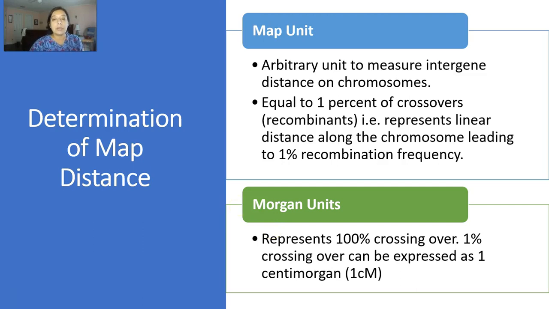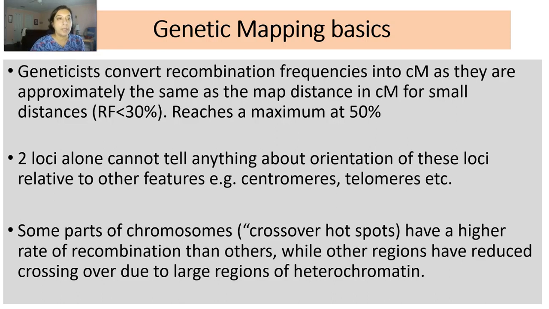So 1% crossover can be expressed as 1 centimorgan, because each one of them is going to be 1%. To change recombination frequencies into centimorgans, we use map distances in centimorgans. We basically call them 1-to-1.